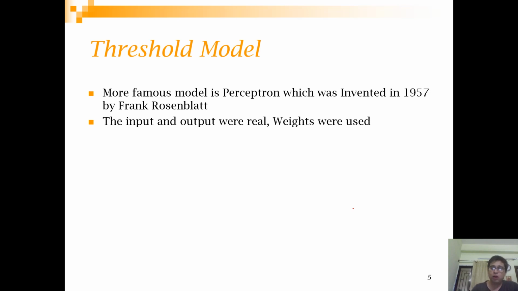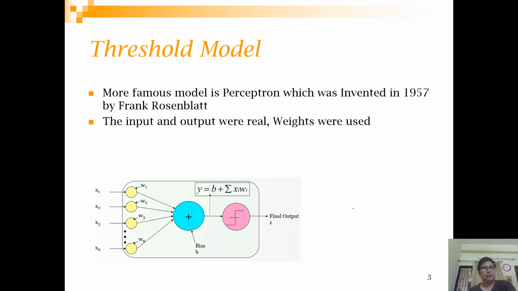So if you think of a computation model, it can look something like this. This represents the biological neuron that we saw. What is happening over here is that different inputs are coming from different neurons, and these weights represent the synaptic connection between the input and this particular neuron. So they are getting aggregated.